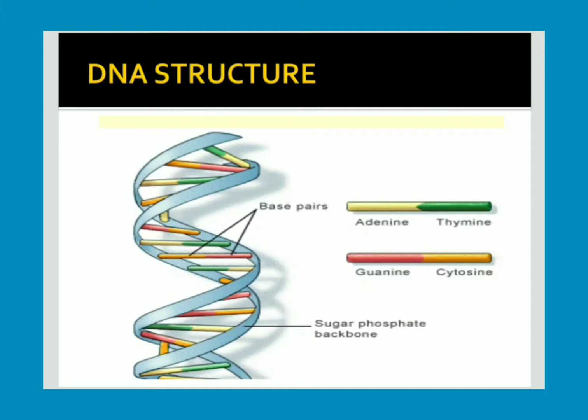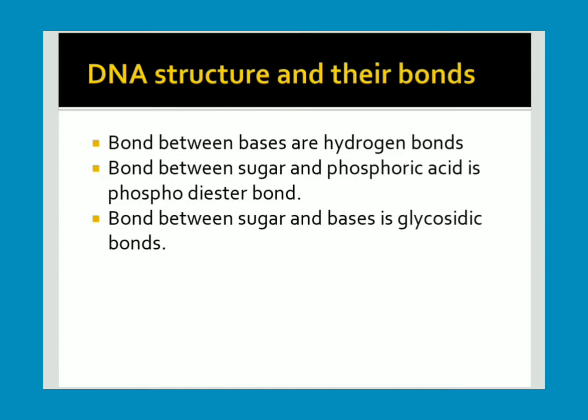So that's why we have the 5' and 3' ends. Okay, so what are the bonds present? Bonds between bases are hydrogen bonds. Bonds between sugar and the phosphoric acid, at the third and fifth position, are phosphodiester bonds.